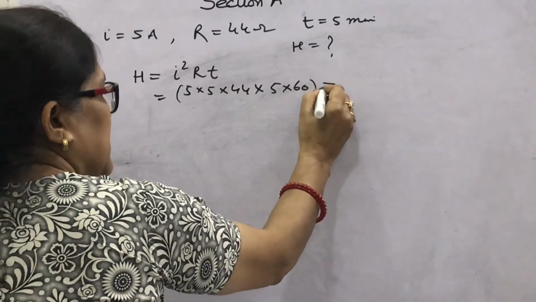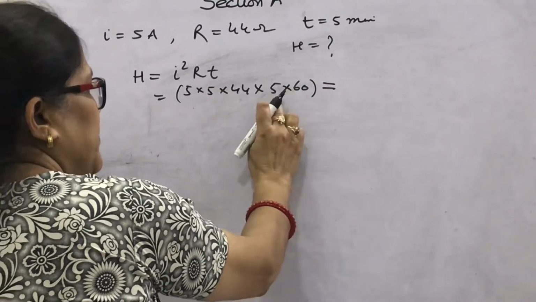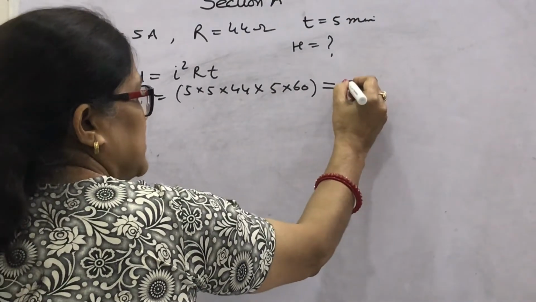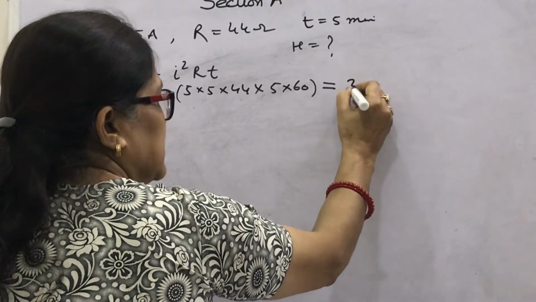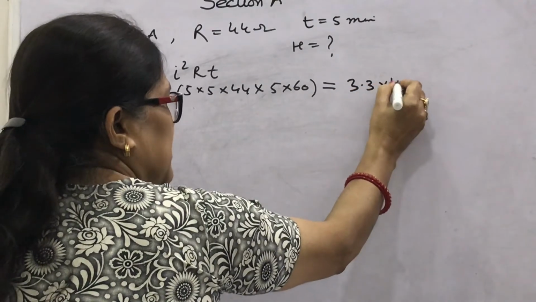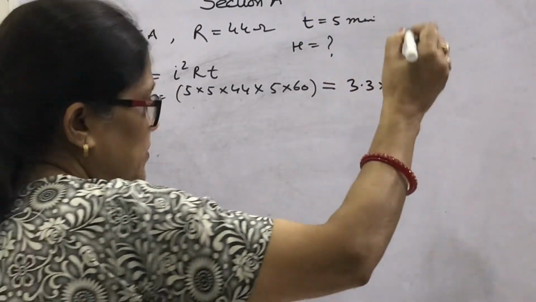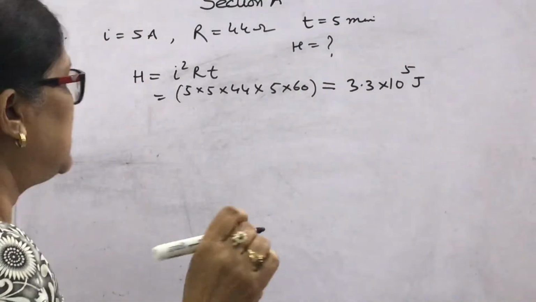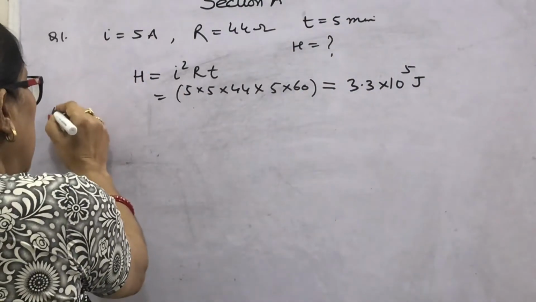This total energy is 125 into 60 into 44. So you will find the answer as 3.3 into 10 to the power 5, and the unit is joule. 1 mark question. This is the formula you have to learn.